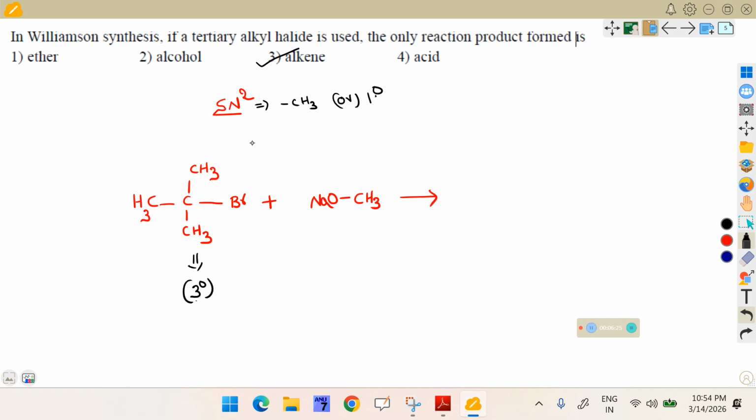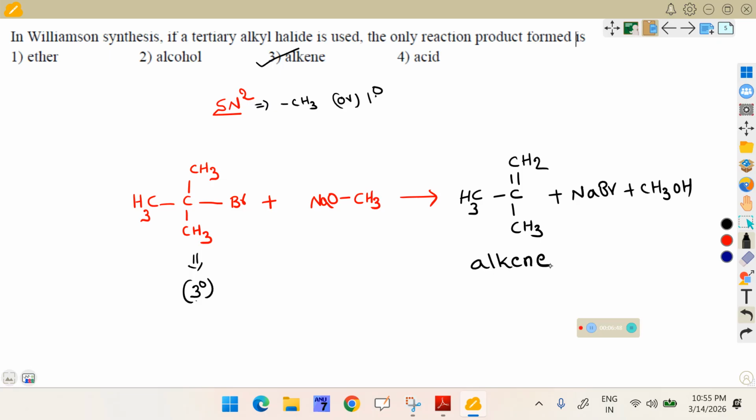In 3 degree alkyl halide, the number of bulky groups increases and it gives alkene as a product, C double bond CH2 CH3 plus NaBr plus CH3OH.